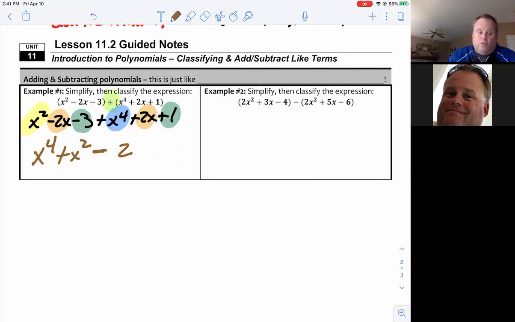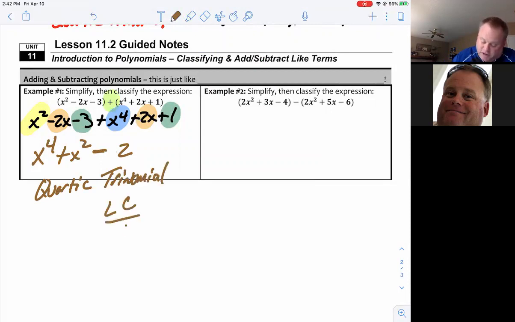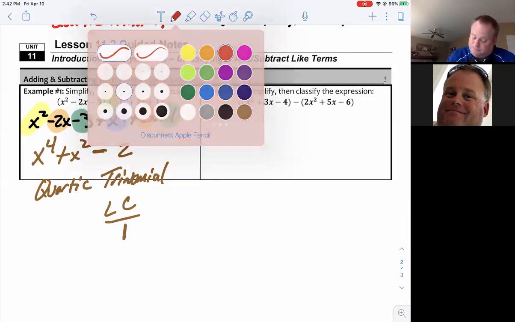Now, what is its highest power? 4. So this is a quartic trinomial again with a leading coefficient of 1. Okay. The number in front of the variable with the highest power. Well, there is nothing in front of it, which means it is a 1 in front of it, 1x to the 4th. All right, last one for the day.